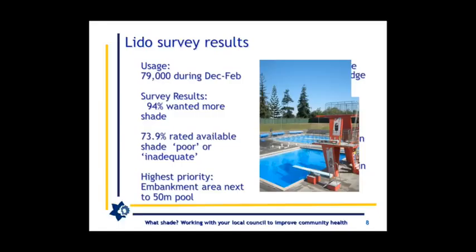One of the things I asked people was what they saw as the highest priority, because the pool complex also includes a toddler pool and a leisure pool. The highest priority was the embankment area, which has no shade whatsoever.